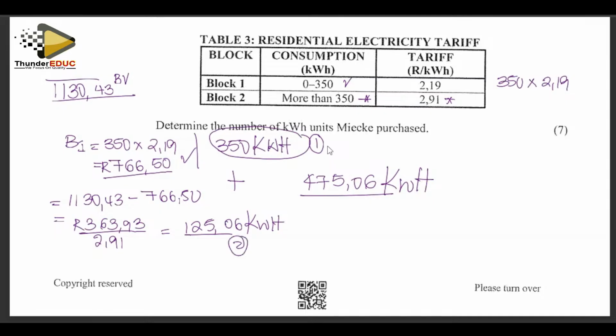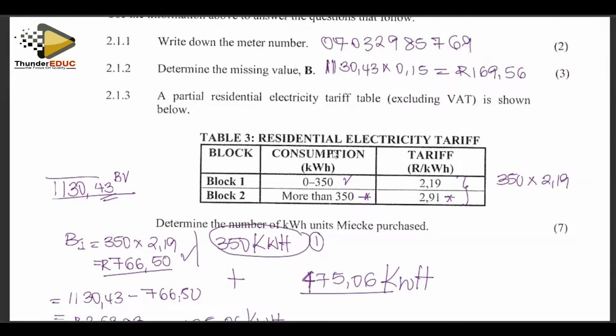We add the two, and we get the final answer. We are using this value without VAT because the values that we see here exclude VAT, as stated here.